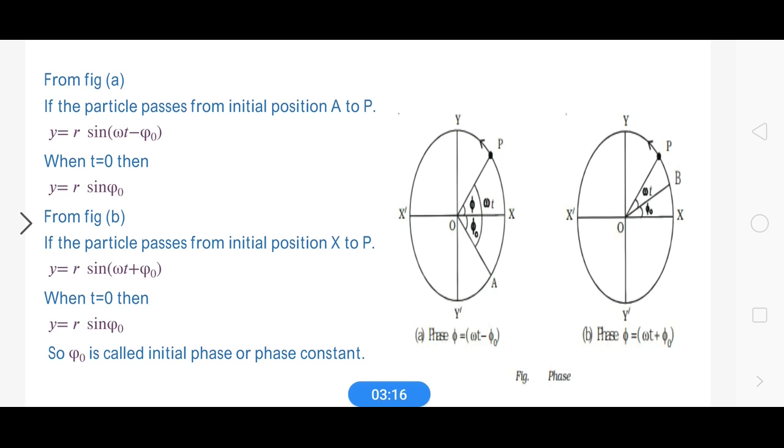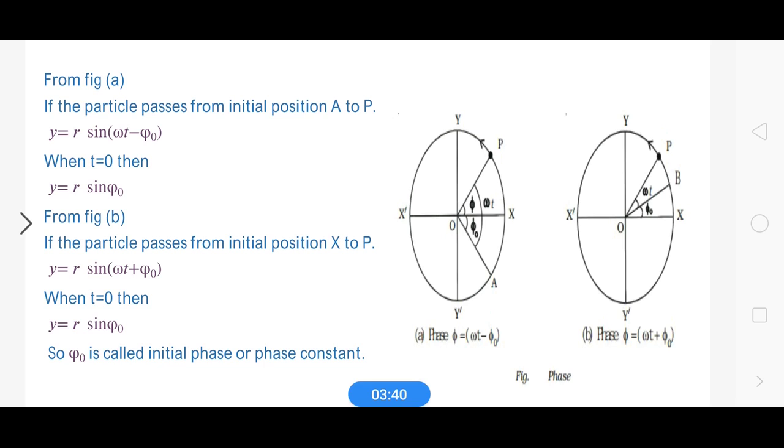So for the first figure I am considering the phase. What is the phase and what is the expression for displacement of the particle executing SHM? To get the value of the displacement, first of all, what is the position of the particle initially at time t equal to 0?